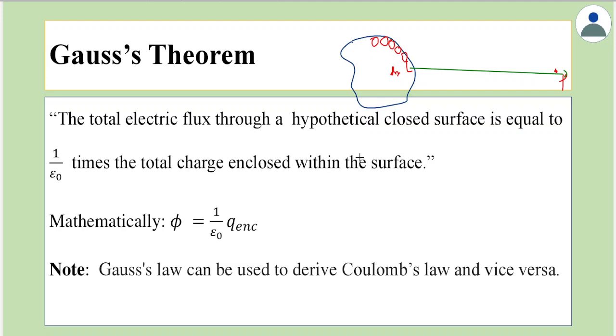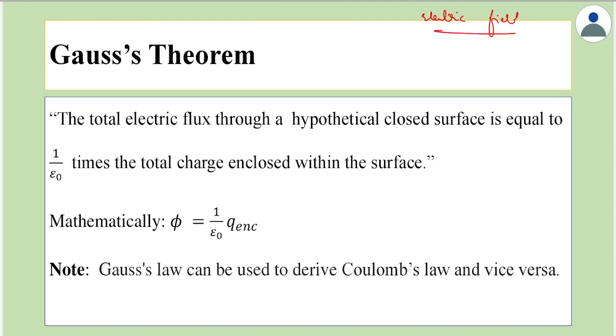So another way to find electric field is by using Gauss theorem. In fact, if we want to find electric field, we can do it in many ways. The first thing we learned is by using Coulomb's law.